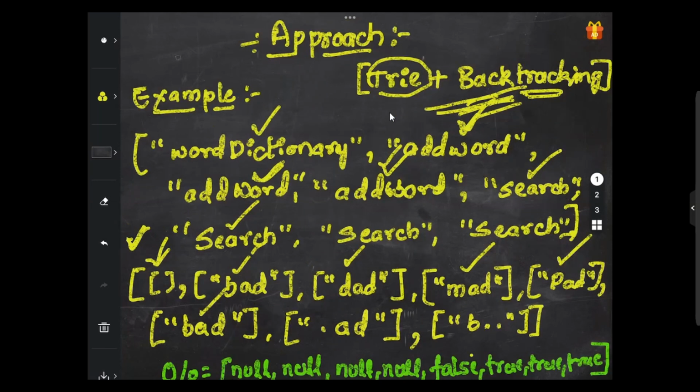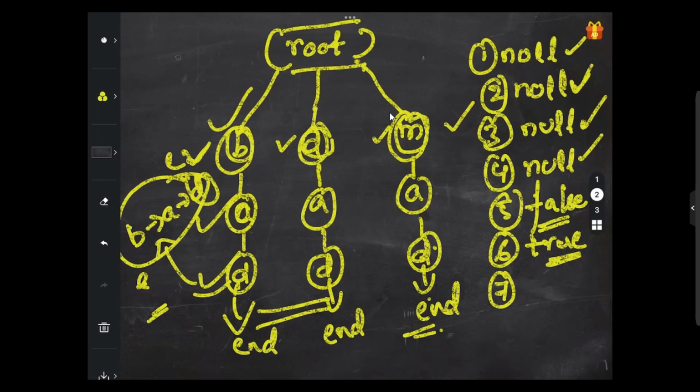Let's move on to the seventh one, search of dot ad. Dot can be any character. Dot is at the first step, so it can be B, D, or M, the first characters of bad, dad, and mad.